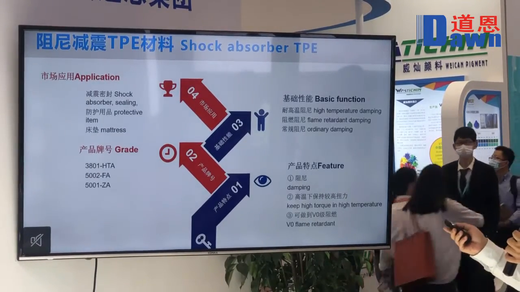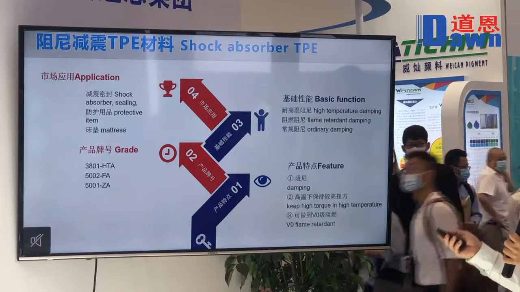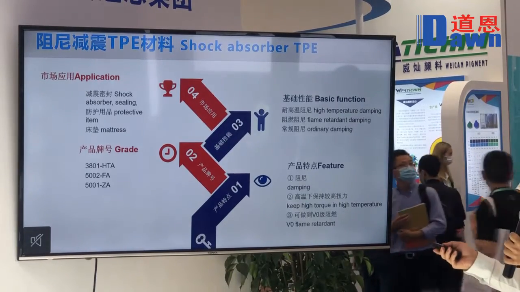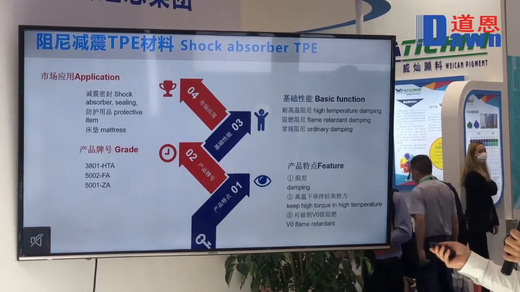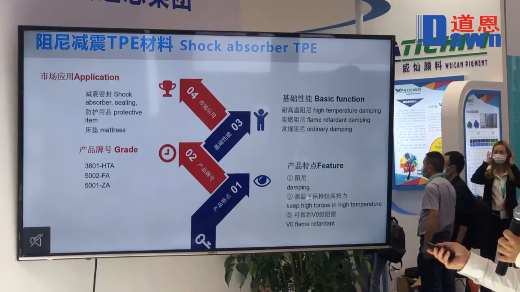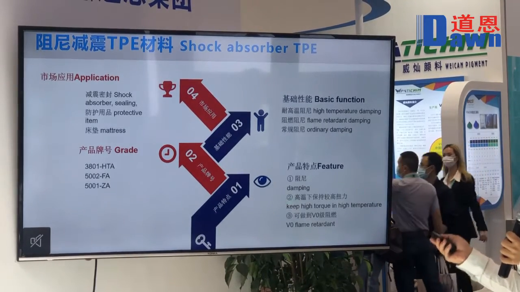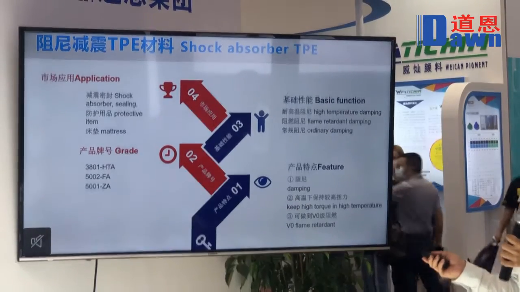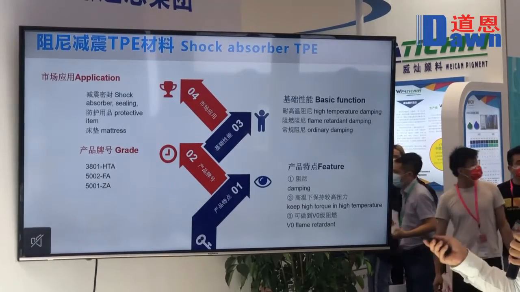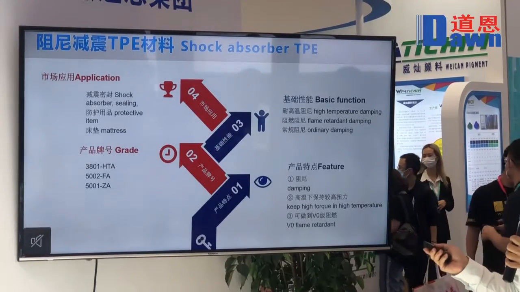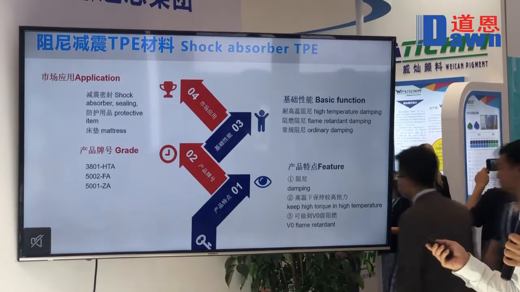Because the general elastomer cannot have this kind of property, it will be weathered very soon in a high temperature. For this dampening material, it can be used in high temperature.